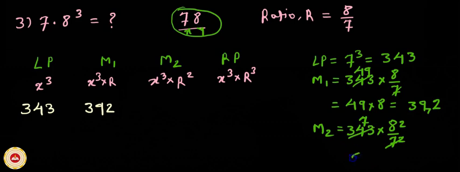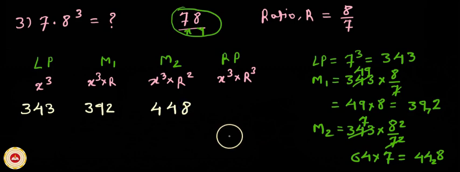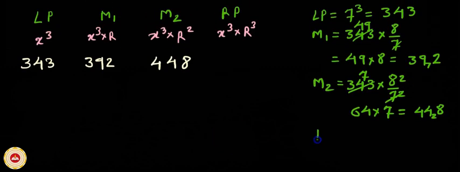It means 64 multiplied by 7. 7 4s are 28, write 8, carry 2. 7 6s are 42 plus 2 is 44. 448 is the value of middle part 2. 448. Correct.